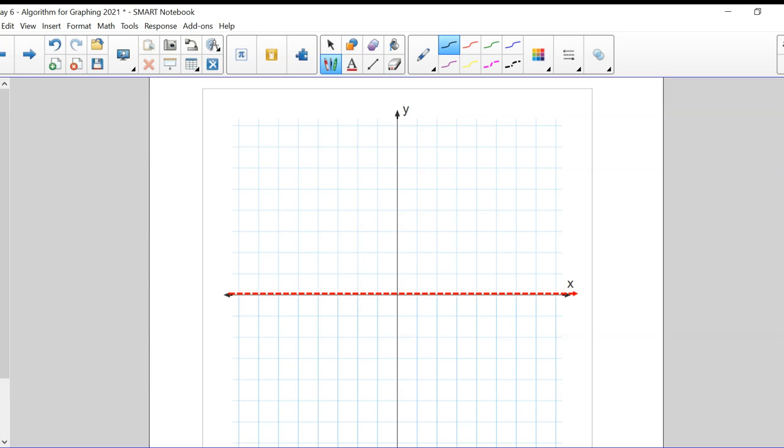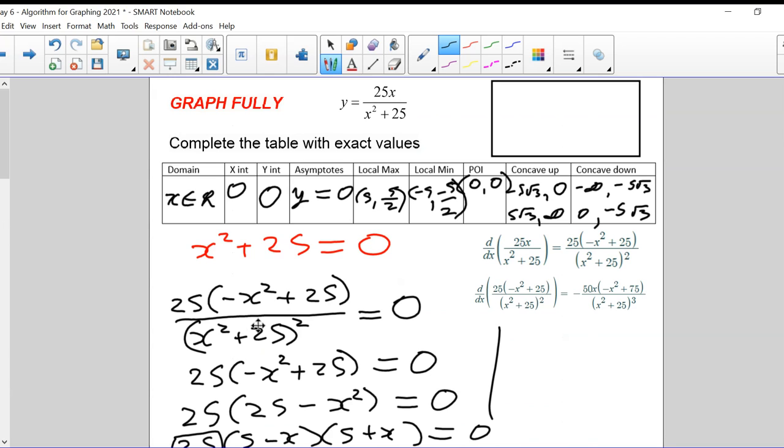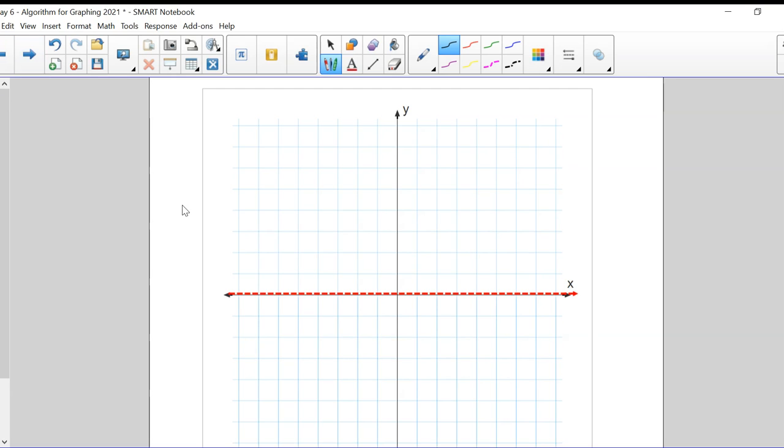All right, let me go back and see what those are. So my max was 5 and 2.5, and my min was minus 5 and minus 2.5. Okay, so let's say this is 2, 4, 6.